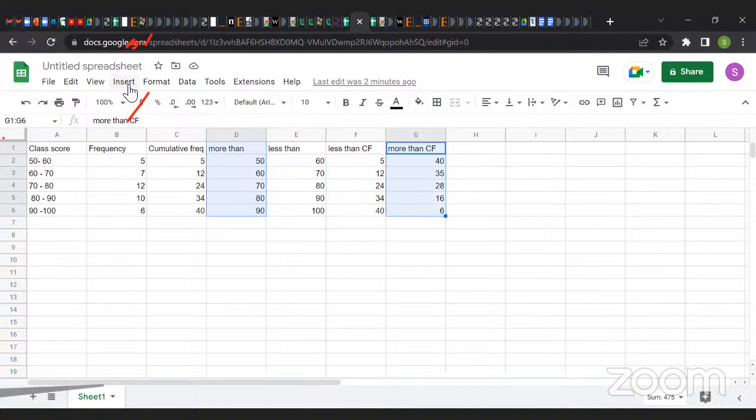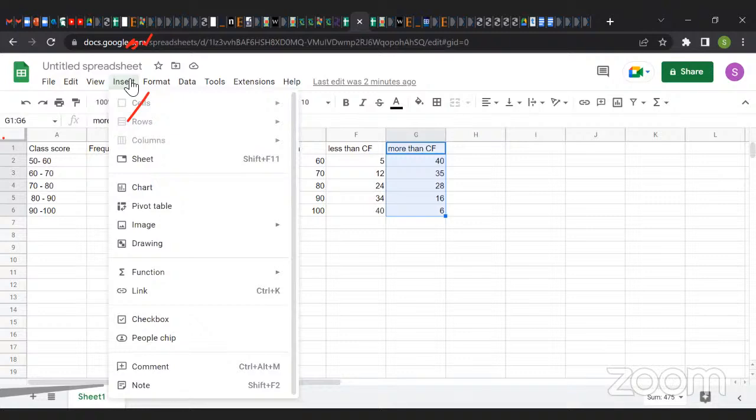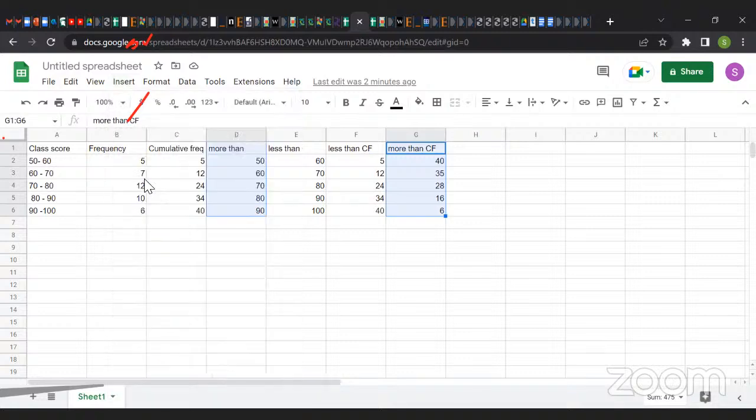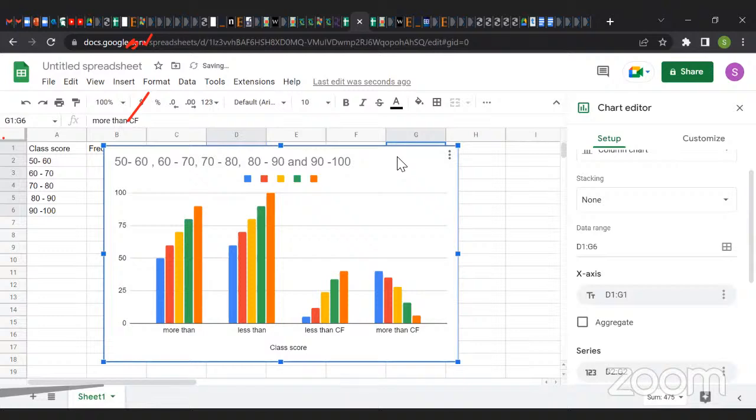And then I want to do it in a chart, more than ogive chart. So insert chart.